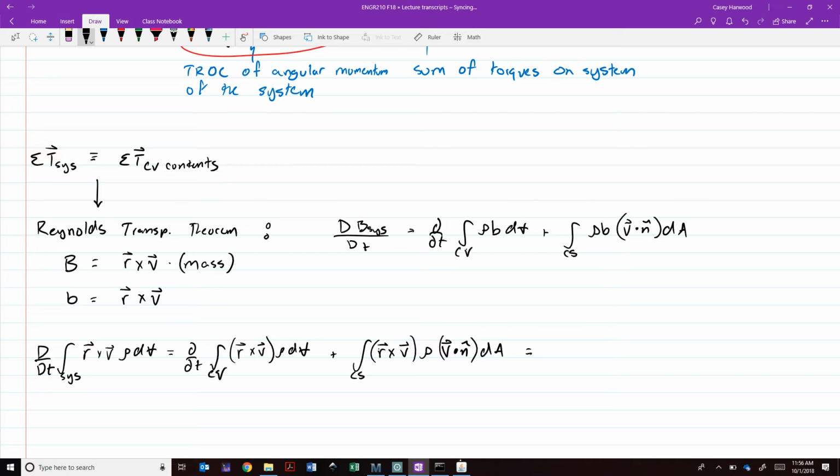This is equal to the sum of the torques on the control volume contents.